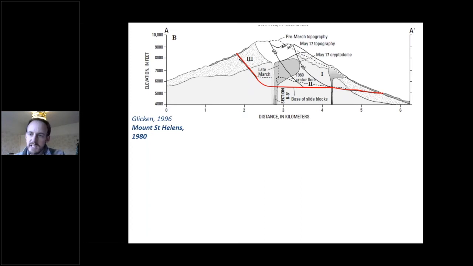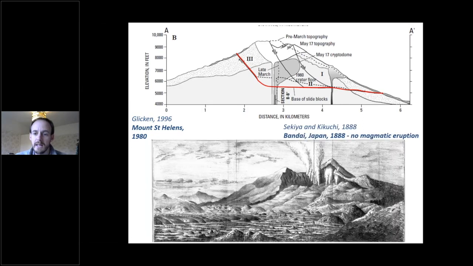This is a cross-section through the Mount St. Helens collapse, and you can see that this cuts deeply into the edifice and removes several cubic kilometers in some cases of material. Now in island settings we can scale these up, and on large island structures we can see events involving tens, even hundreds or more of cubic kilometers of rock.